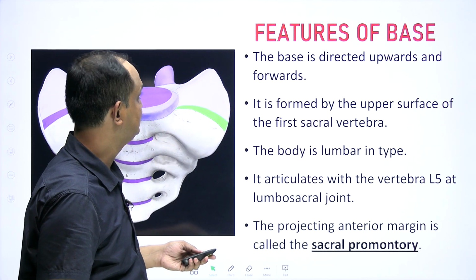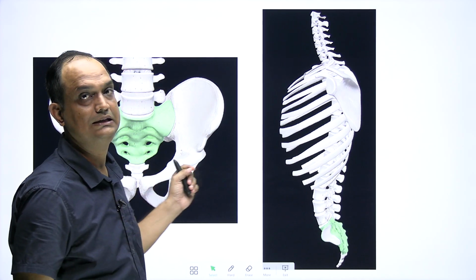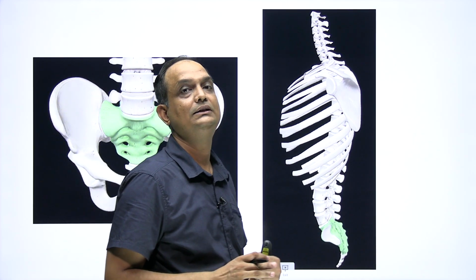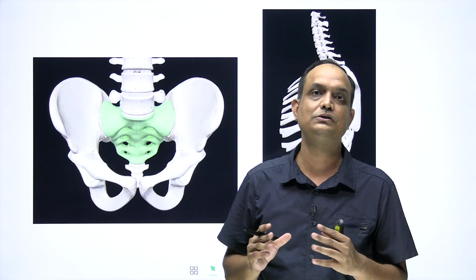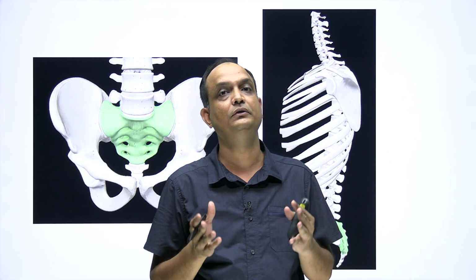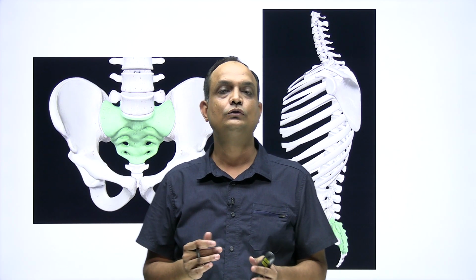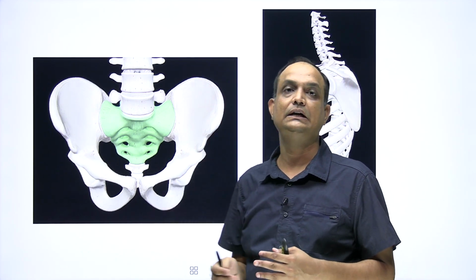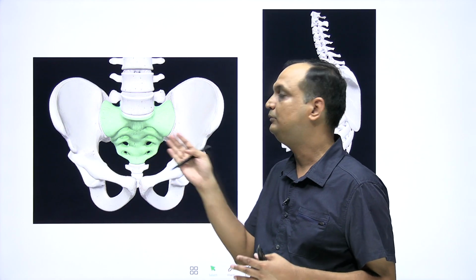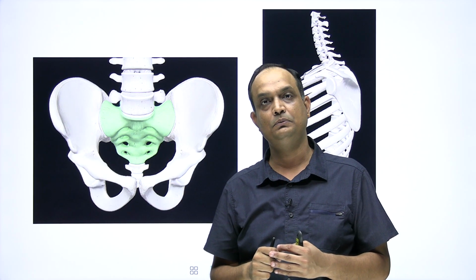Now, in this image, you can see that when you are holding the sacrum in anatomical position, actually the sacrum is not an individual bone, it is always a part of the pelvis. So, when we put the pelvis in anatomical position, the sacrum automatically comes into the anatomical position.